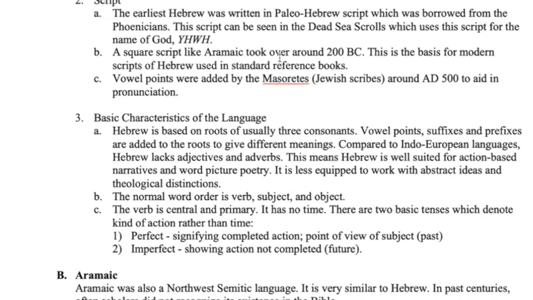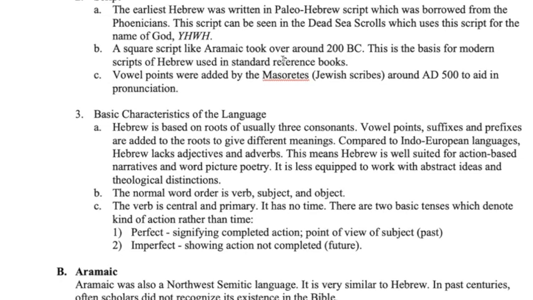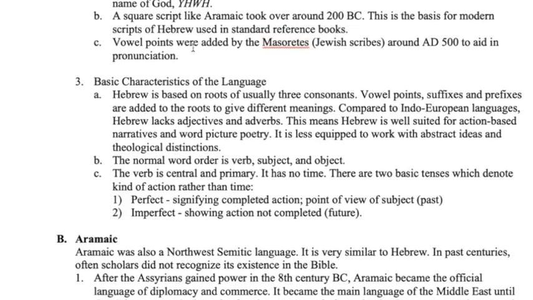And then around just before Jesus, a square script was adopted from Aramaic. And that's what we have in our Bibles. The Hebrew Bible is written in square script, and I will show you the alphabet in a few minutes. And then, as I said, the little vowel points were added by the Masoretes around the year AD 500.